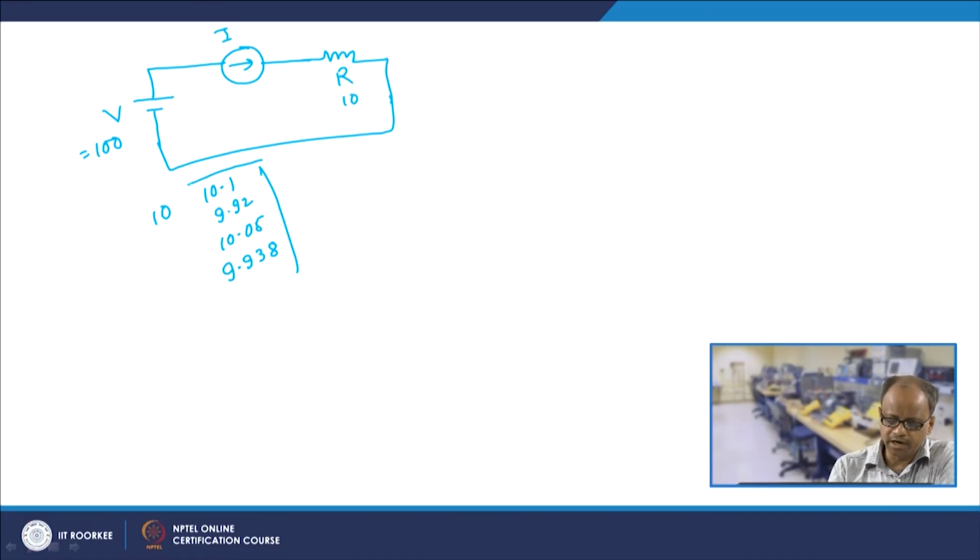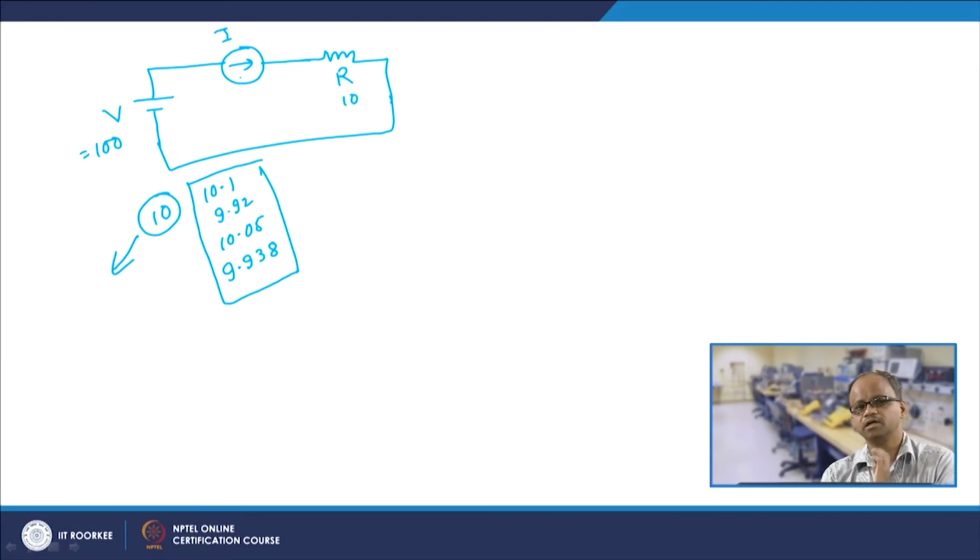And why do we get these values instead of 10? This is the ideal value, but we never get the ideal value; we get some erroneous value because of the inherent error of the meter, and this inherent error is random in nature. If I say this meter has a total error of plus minus 1%, that does not mean it will always give plus 1% or minus 1% error.